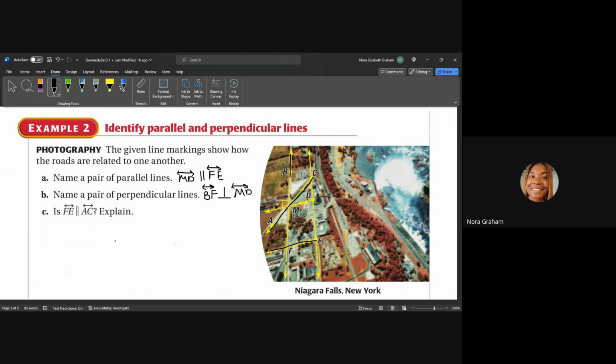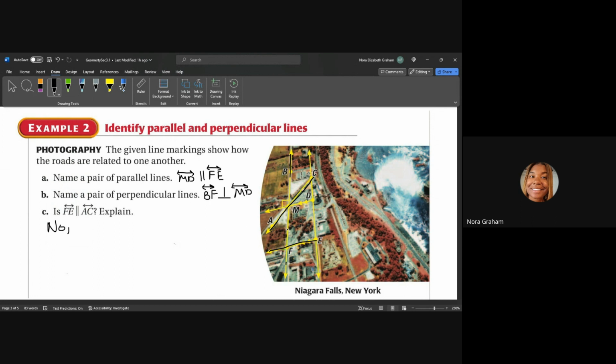Now, just from visually looking, I noticed that AC and FE do not have that same kind of annotation that tells me they're parallel lines. So that's one indicator that I could say no. Another thing, if I just look at them visually, they don't really look like parallel lines. They're not right next to each other. So we can assume no, but mathematically we would have to prove this using one of the postulates that we looked up before.